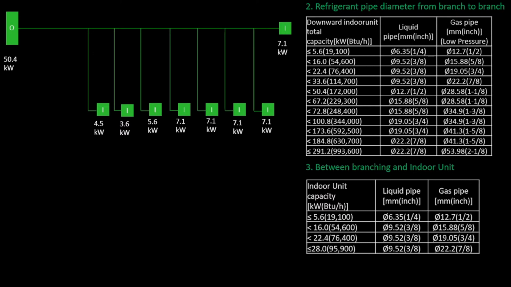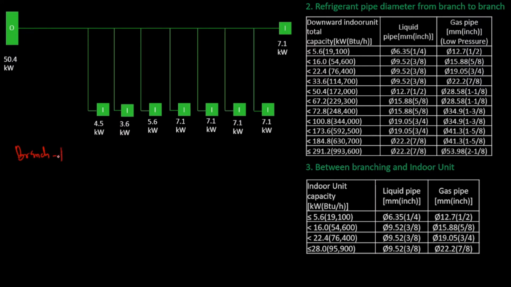So in order to determine the pipe sizes of the VRF equipment, I've said that we're going to use table 2 and table 3. Okay, so just follow me. First let's treat the pipe sizes between the branches first.